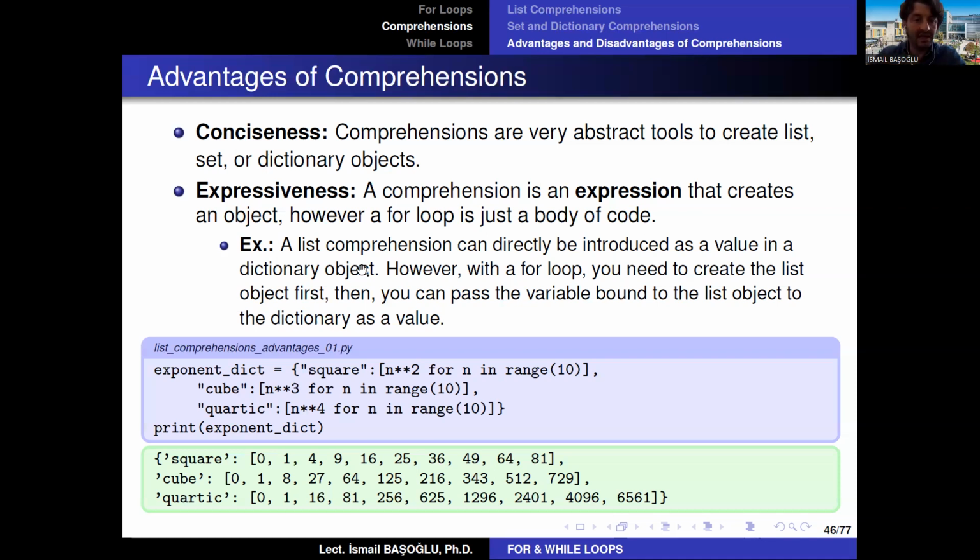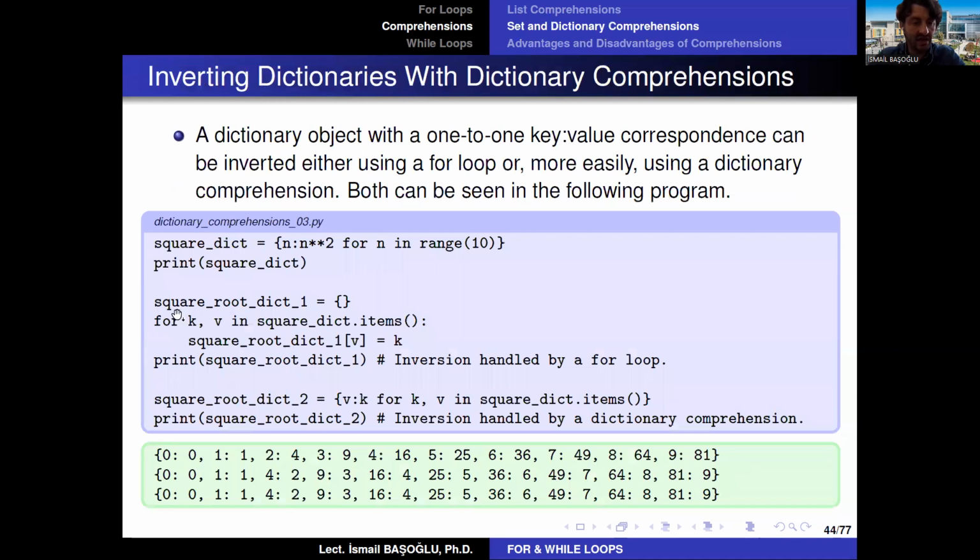As an example, a list comprehension can directly be introduced as a value in a dictionary object. However, with a for loop, you need to create the list object first, then you can pass the variable bound to the list object to the dictionary as a value. So please check. We have practiced this in one application here. Instead of using the dictionary comprehension to invert the dictionary, if I intend to do it with a for loop, as you can see, first I need to create that dictionary as an empty dictionary here, okay?